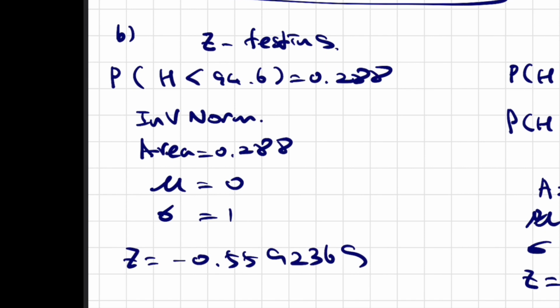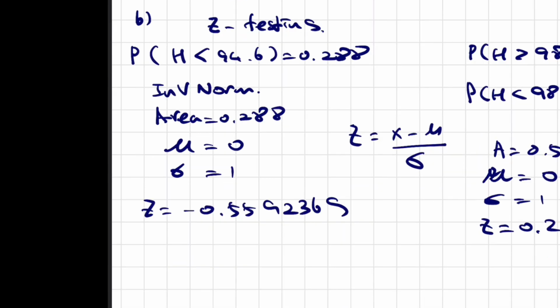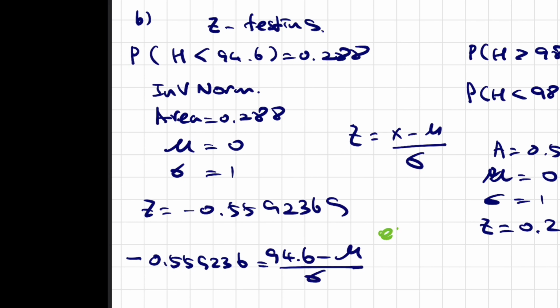We know that the z equation is z equals x minus mean over standard deviation. So negative 0.559236 equals x, which is 94.6, minus mean over standard deviation. So we got equation number 1.